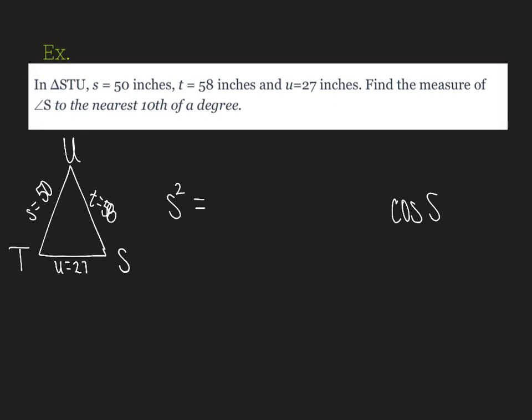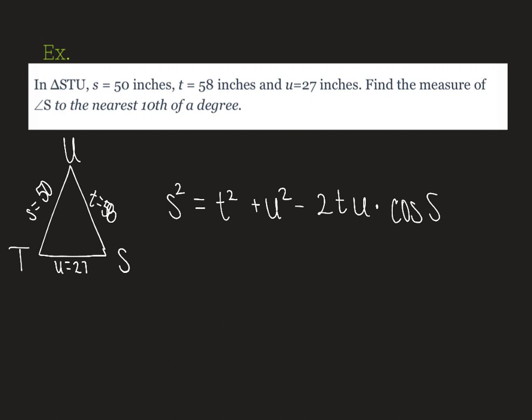So then from there, we know that the other 2 sides are U and T, so we can do T squared plus U squared minus 2TU times cosine of S. So it doesn't matter if you did U squared plus T squared, in a different order, you're going to get the same answer. You just need to make sure that S is the one isolated.